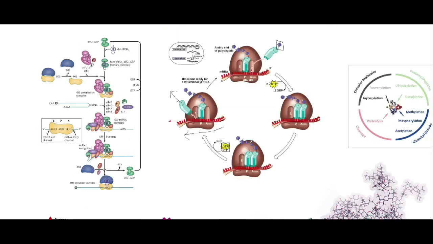I think before I might have made a mistake. I think I called this the N terminal right here. This is actually the C terminal. Proteins are made from N terminal to C terminal.